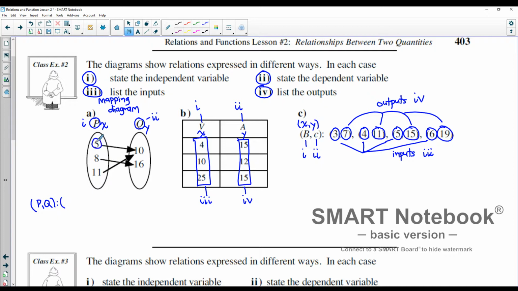So if we have an X value of 5, follow the arrow, that would give me a Y value of 10. So you have 5 comma 10. And then if you have an X value of 8, you'd have a Y value that is 16. And if you have an X value that's 11, you'd have a Y value that would be 10.